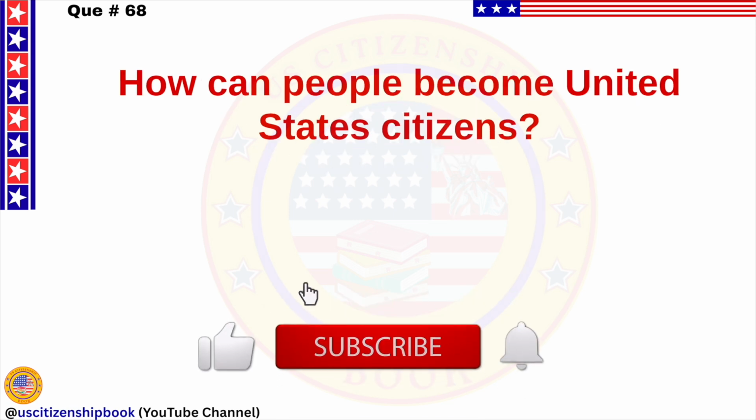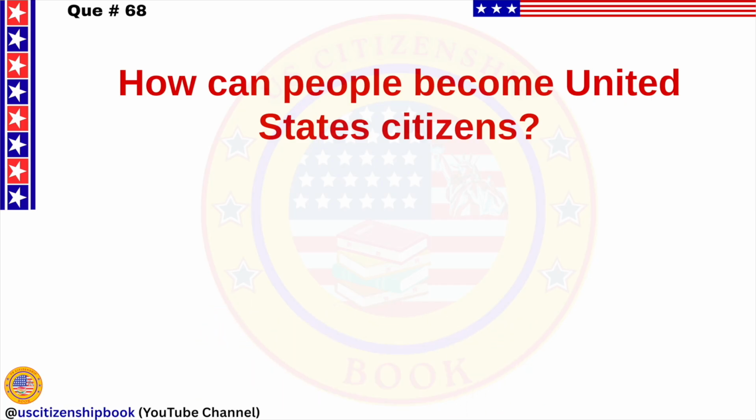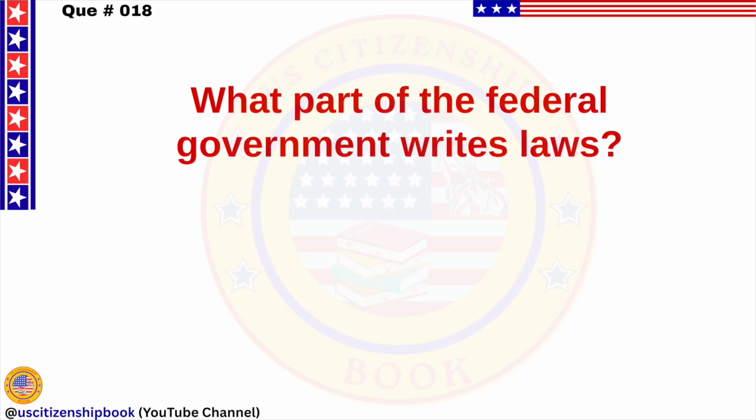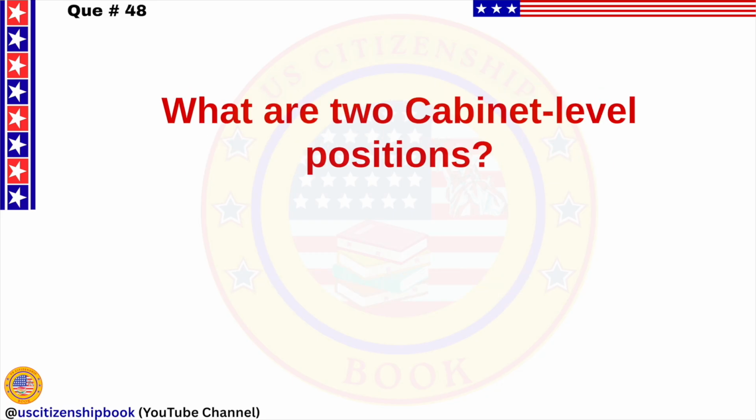How can people become United States citizens? Naturalize. What part of the federal government writes laws? U.S. Congress. What are two cabinet-level positions?